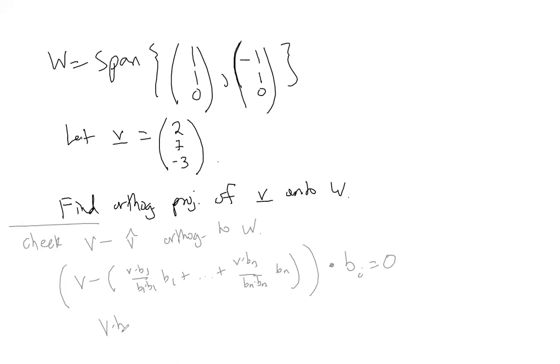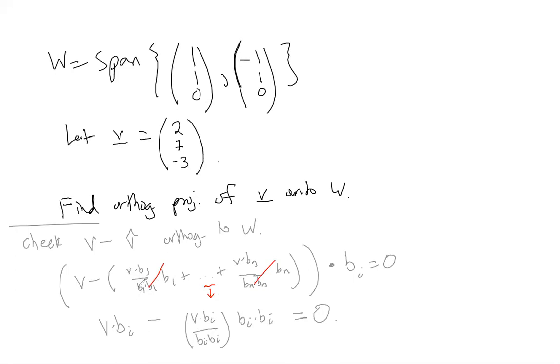So you get V dot Bi minus, the only thing that survives here is this Bi term. And you get V dot Bi. And this equals 0.